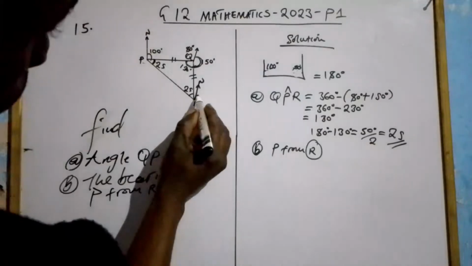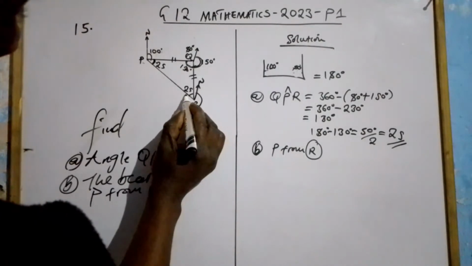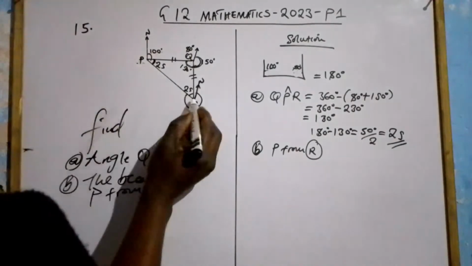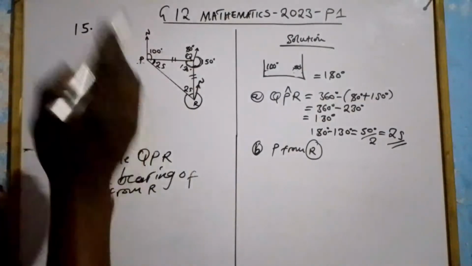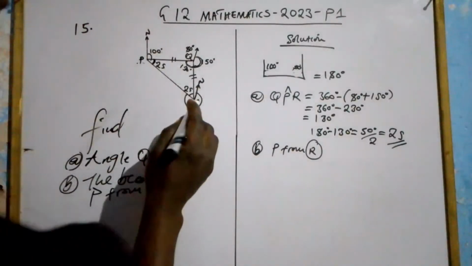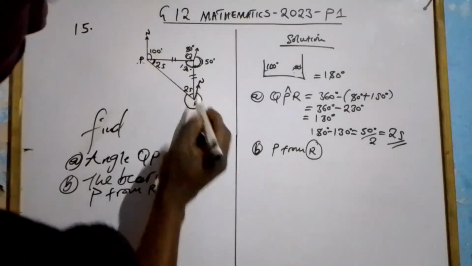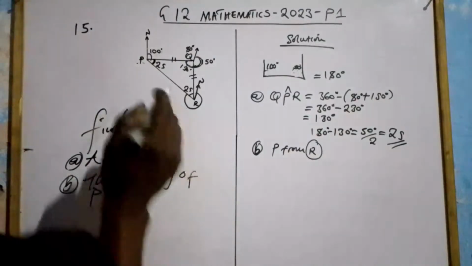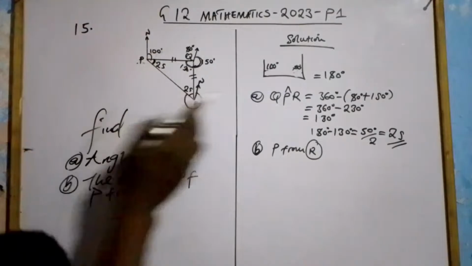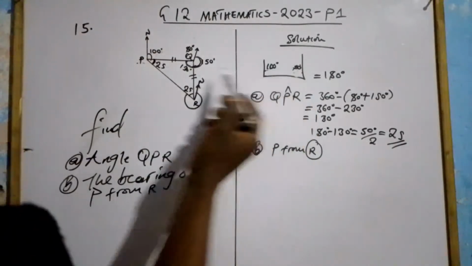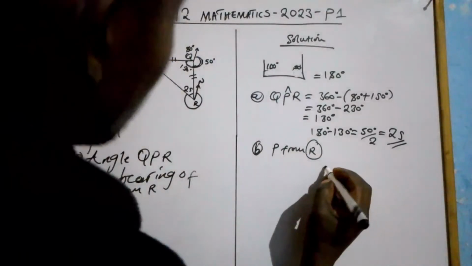So that means we're going to draw the circle from this R until it touches the line of P. So that's the bearing of P from R. And for us to find the bearing of P from R, this circle adds up to 360. And if you can see here, this angle and this angle, same like here, add up to 180. So here we have 150 degree.